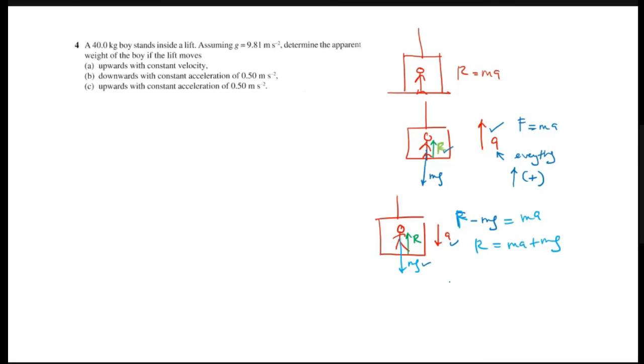So mg minus R equals ma. So to get R, mg minus ma equals R. Compare this equation, R equals mg minus ma.